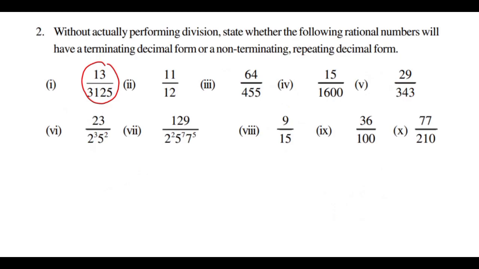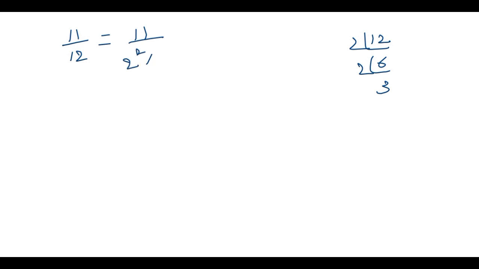Okay, a few more questions we will discuss. It is 11 by 12. I will explain how to do this. Once again, 11 divided by 12. This 12 in the denominator, we write as 2 sixes and 2 threes. So 11 divided by 2 squared into 3.